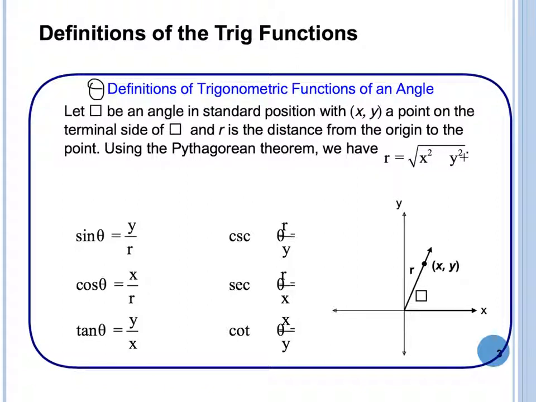R is going to be our radius. And to find the value of r, we're using the equation of a circle. We use x squared plus y squared equals r squared, and then to get r all by itself, we take the square root of both sides.